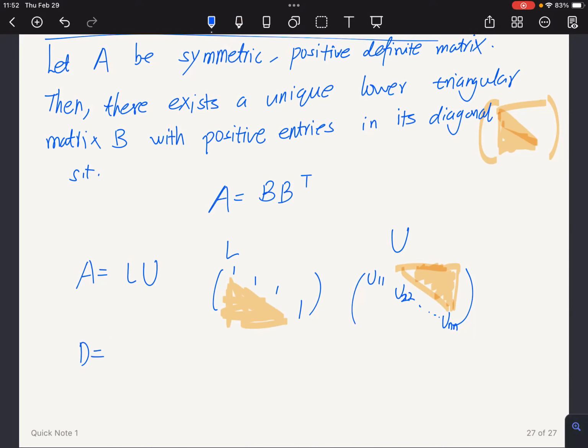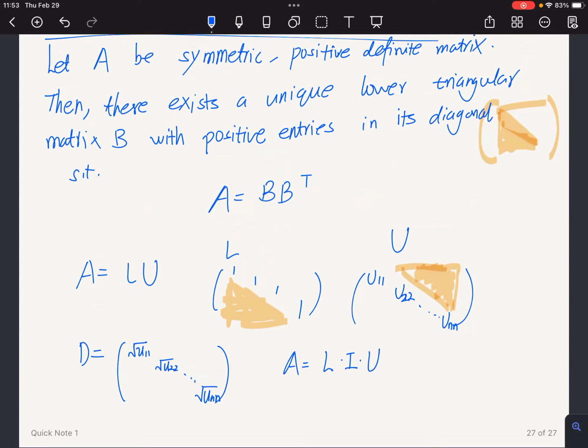I just create one diagonal matrix with the help of the diagonal elements in the U. That is the square root of the diagonal elements here: square root of U11, square root of U22, and then square root of UNN. And now let's see if I multiply L and then U, and in between I insert one I, that is the identity matrix. It will not change the result because this is the identity matrix, right?